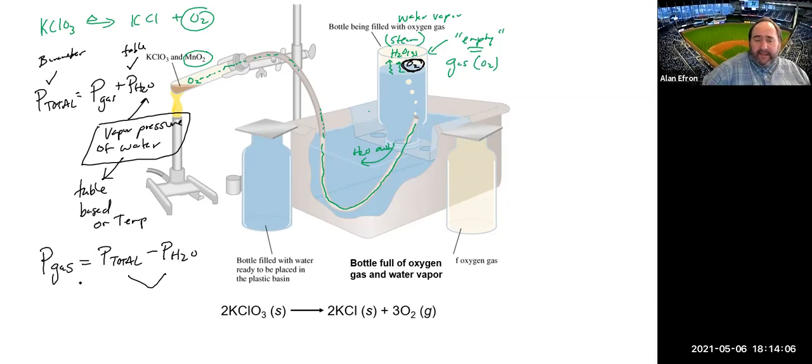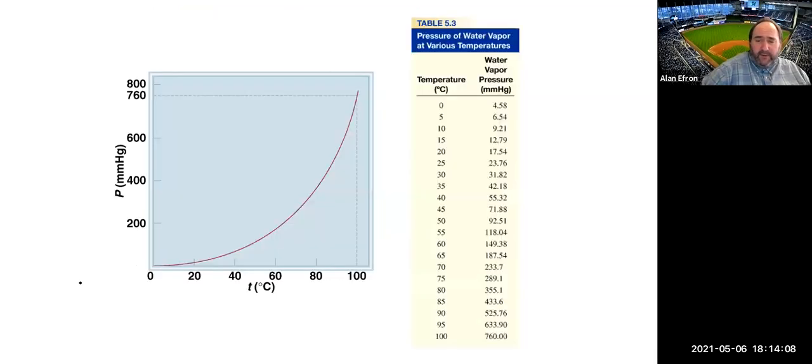Like I said, the vapor pressure of water can usually be found in a table such as this one. This one is not from your actual book, but you have a similar one in the chapter. Also, in your lab manual, in the back where the appendices are after the study assignments, there's a whole bunch of charts and tables. You'll find one there as well.